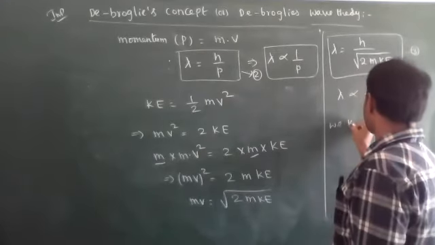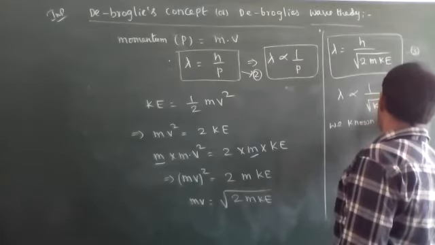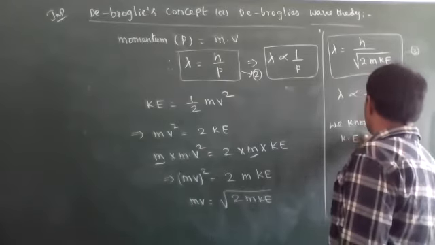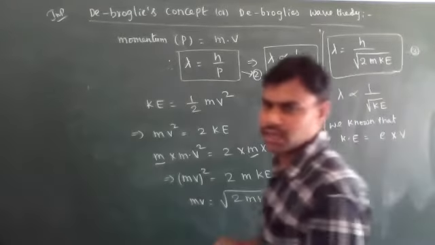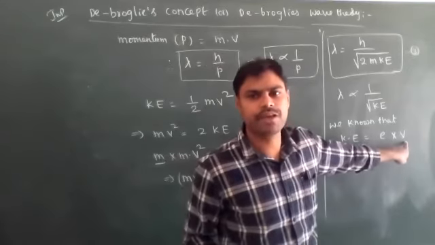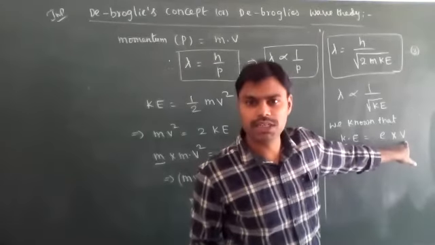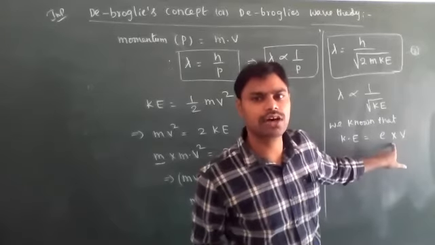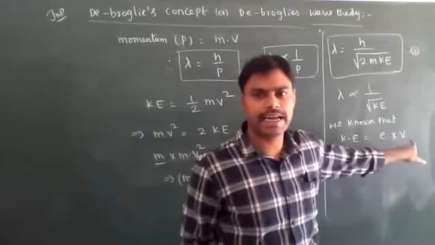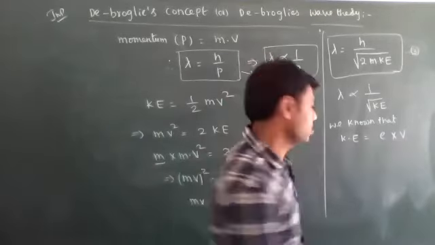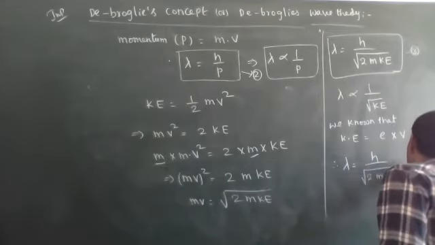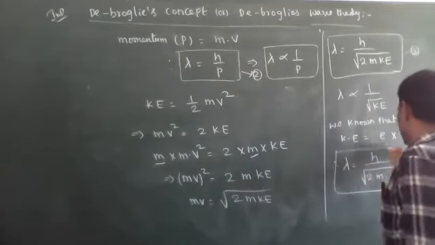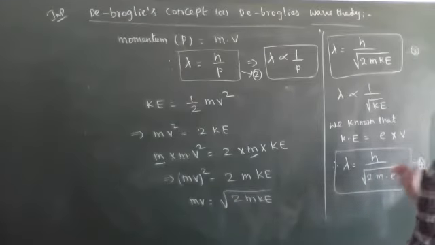Next, one more formula. We know that kinetic energy is equal to charge into potential, where V means potential difference or voltage and e means charge of the particle. So in place of kinetic energy we can write e into V. Therefore, lambda is equal to h by root over 2m into e into V. This is another formula, the fourth formula.